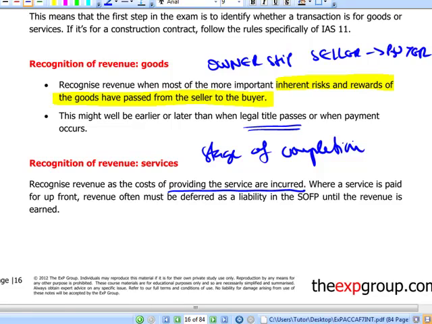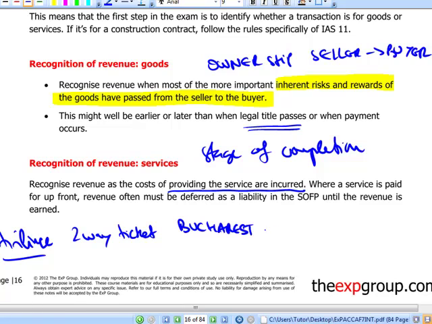What do I mean by stage of completion? So for instance, let's assume you are an airline and you are selling a two-way ticket to fly, I don't know, from Bucharest to Paris.